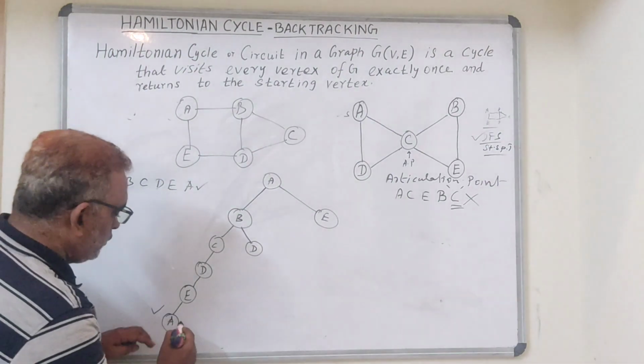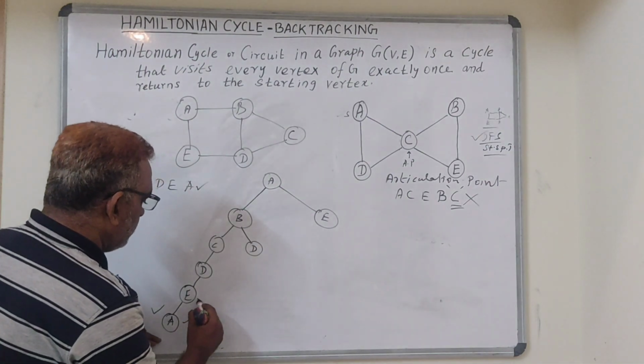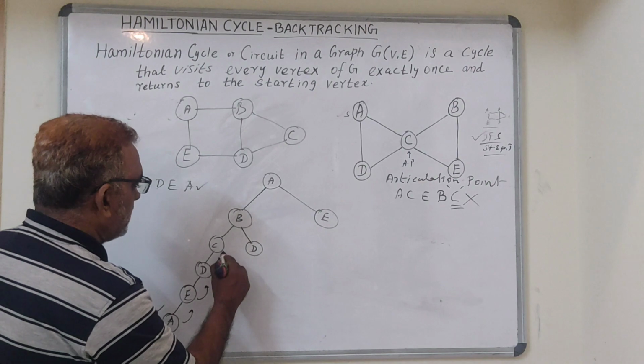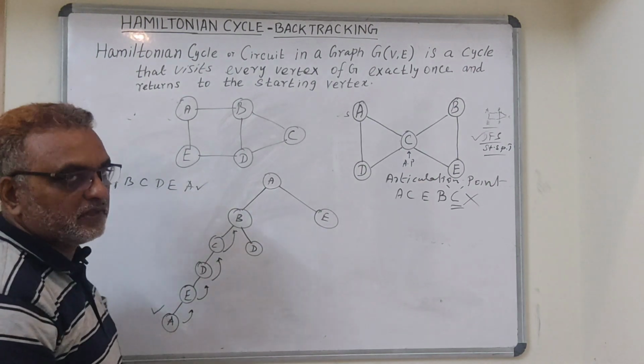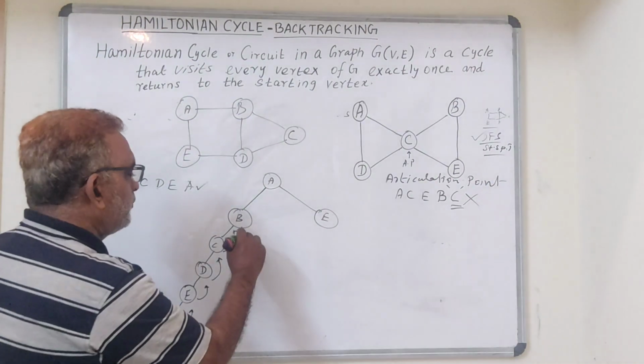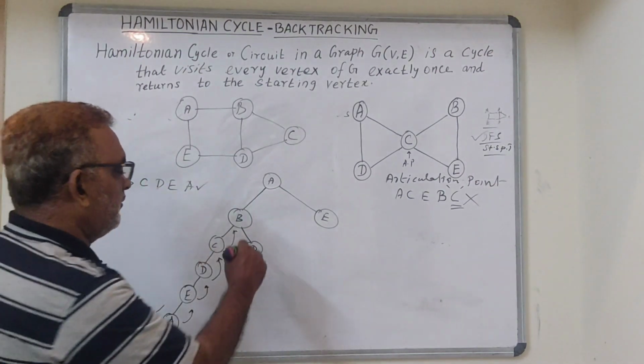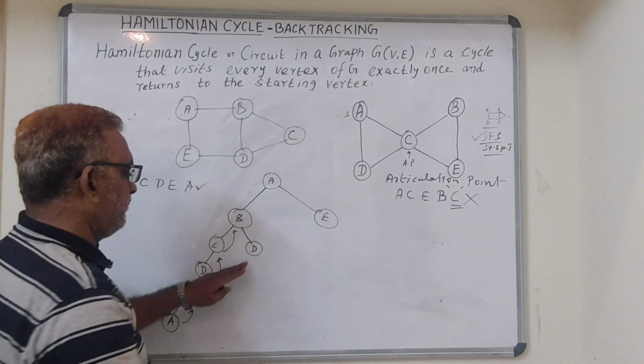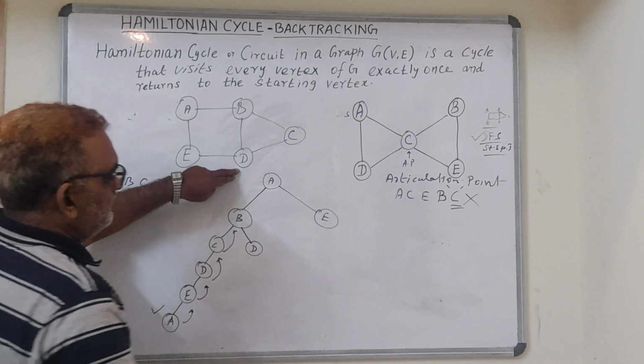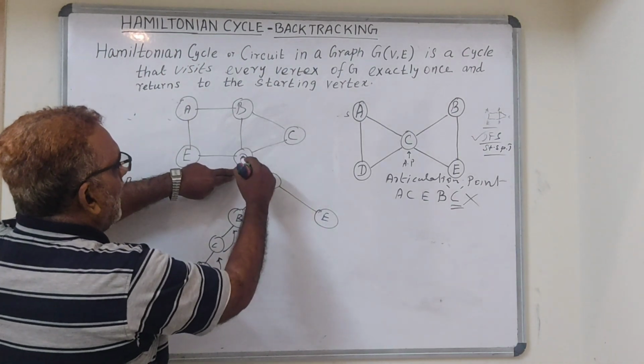Now what you have to do is go back, that is, backtrack. In the backtracking procedure we follow the state space tree, and proceed with the next branch of the tree. So from D, find the adjacent vertices.